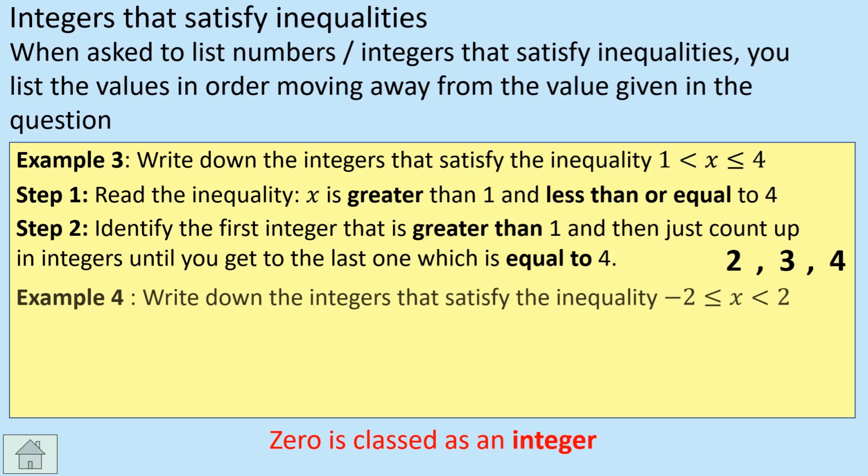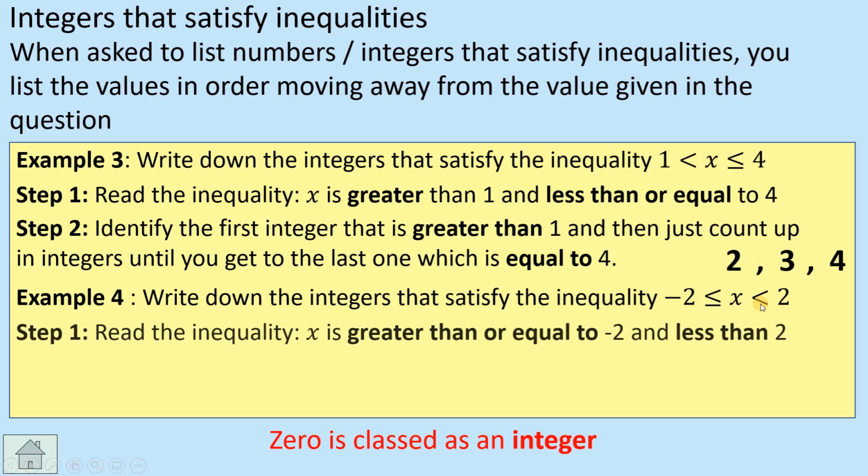Let's have a look at another one. Write down the integers that satisfy this particular inequality. It's the same kind of idea, where we've got a number this side and a number this side and x in the middle, but this time you'll notice the inequalities have changed, where we've got less than or equal to on this side, and then just less than 2.